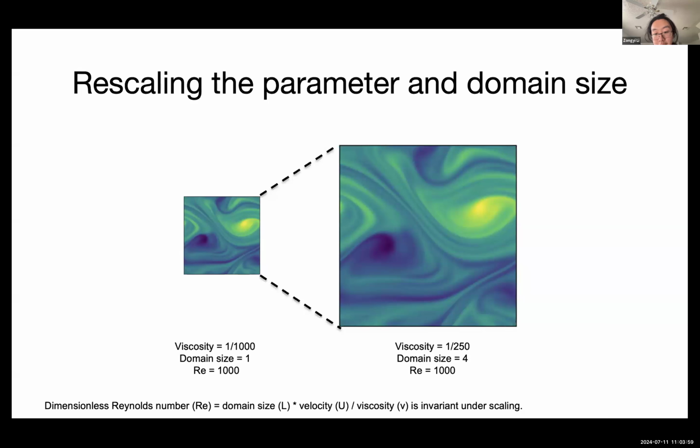So if we change the domain size, it's equivalent to scaling the viscosity, so the underlying Reynolds number remains the same. In this sense, we just need to input the Reynolds number as an additional input of the model. If the model gets the information of the scaling parameters, it will have the full information to correctly predict the solution outputs.